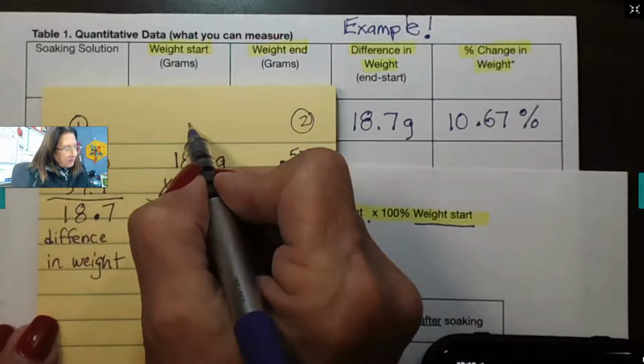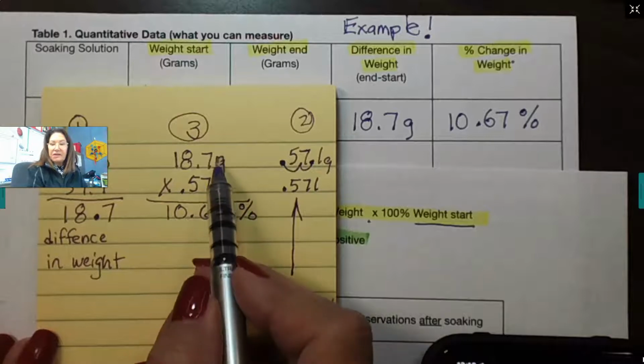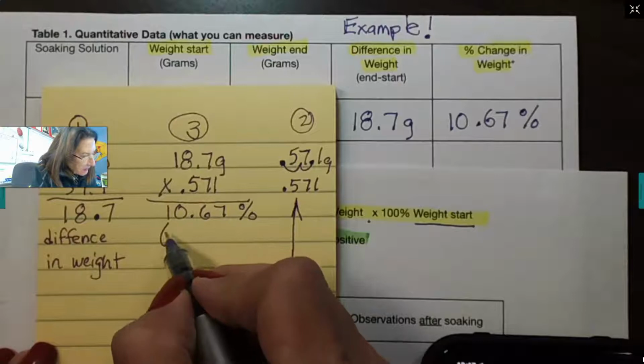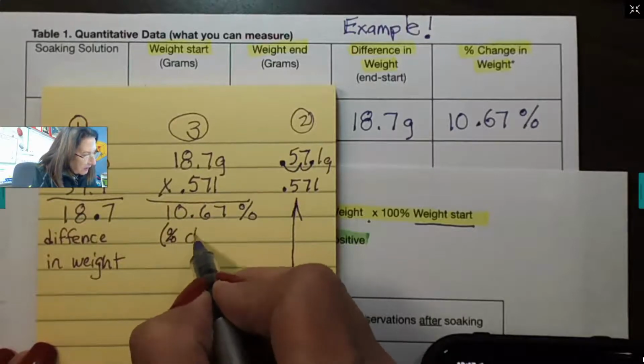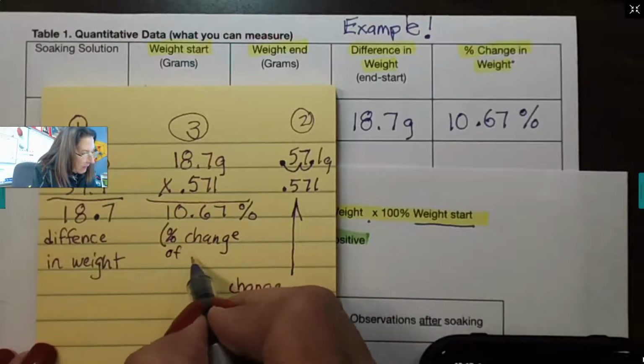And then here it really is kind of my third step where I'm multiplying those two items together to get here the percent change of weight.